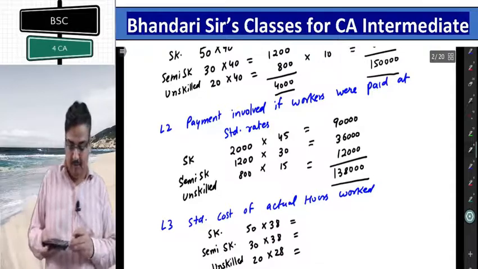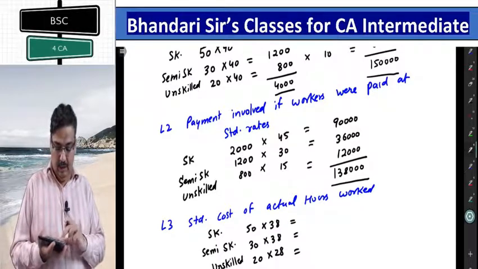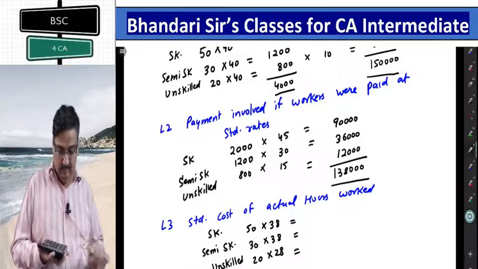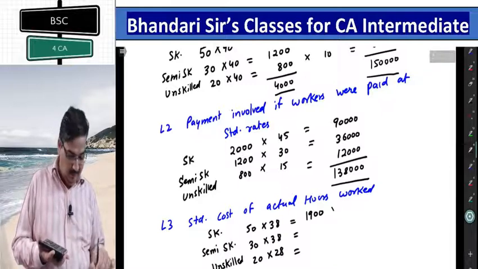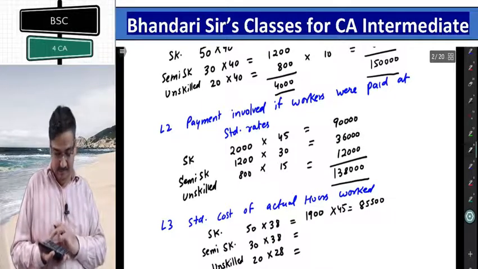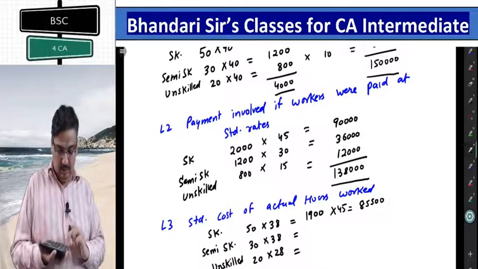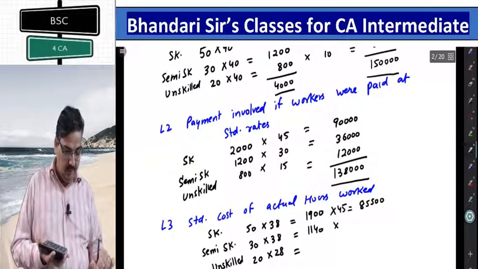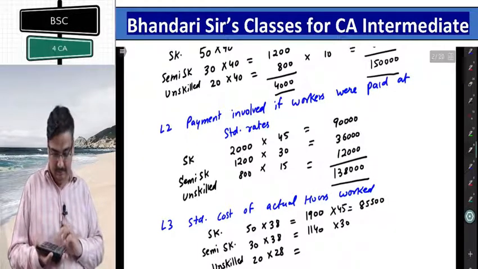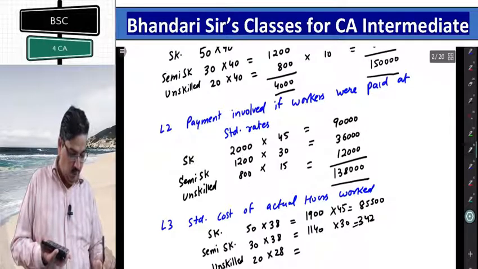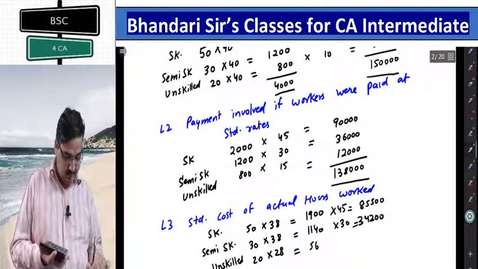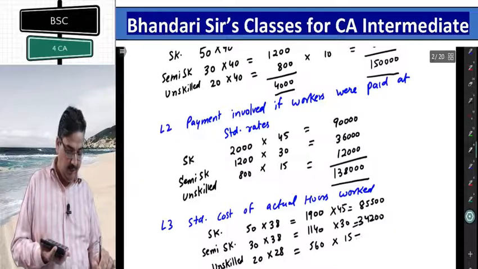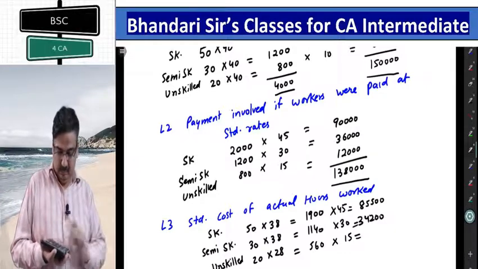You can get all the hours from there. 50 into 38 is 1900 hours multiplied by the 45 standard rate, 85,500. 30 into 38 is 1140 multiplied by 30, 34,200. 20 into 38 is 760 hours into 15, 11,400.